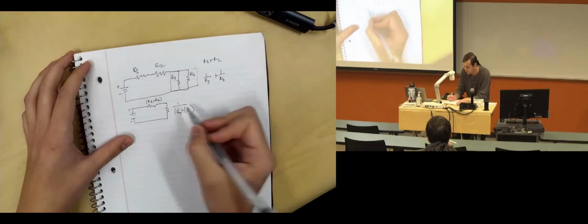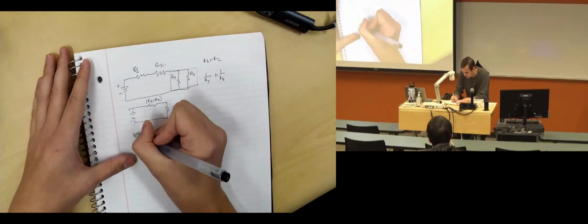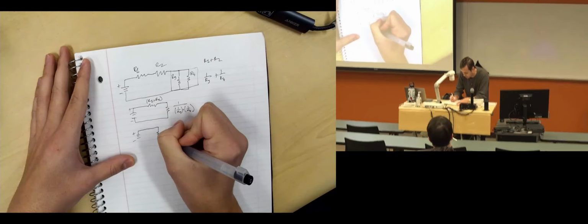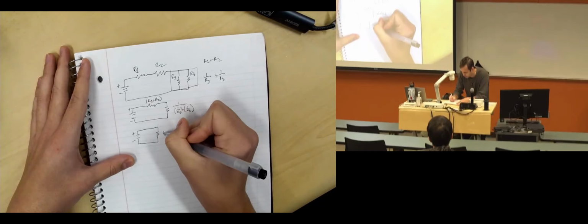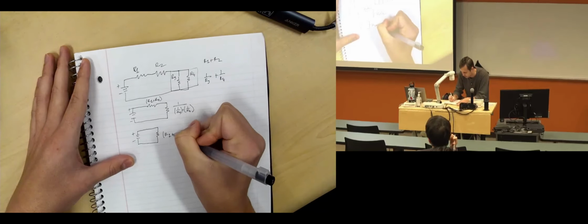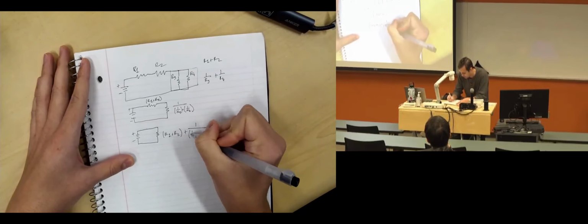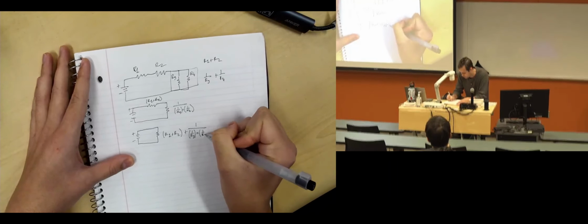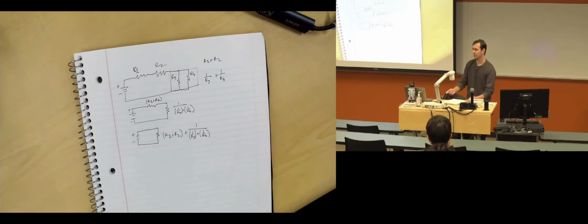So we can go ahead and add them like we did the first case. So overall, this would simplify down to one resistor that has a resistance of R1 plus R2 plus 1 over R3 plus 1 over R4. Okay, does that make sense to everyone, step by step, how we simplified that?